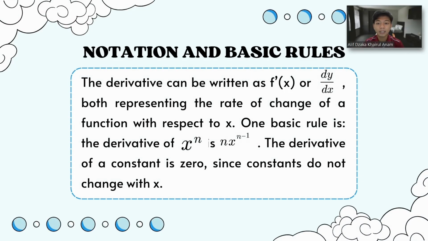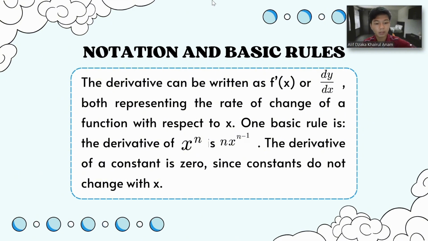Okay, in the next slide, we have notation and basic rules. The derivative can be written as f'(x) or dy/dx, representing the rate of change of a function with respect to x.